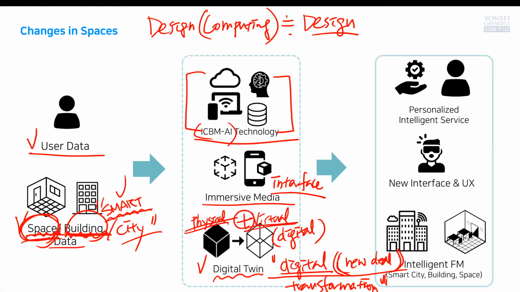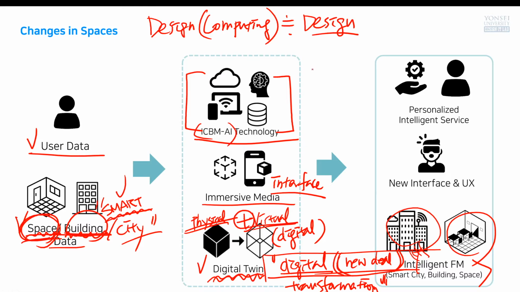That is so-called digital transformation. And the project name is Digital New Deal, okay? For doing that, we need this kind of platform, digital twin, okay? For example, building management, space management, library management, your new service can be derived from this kind of new platform, okay?